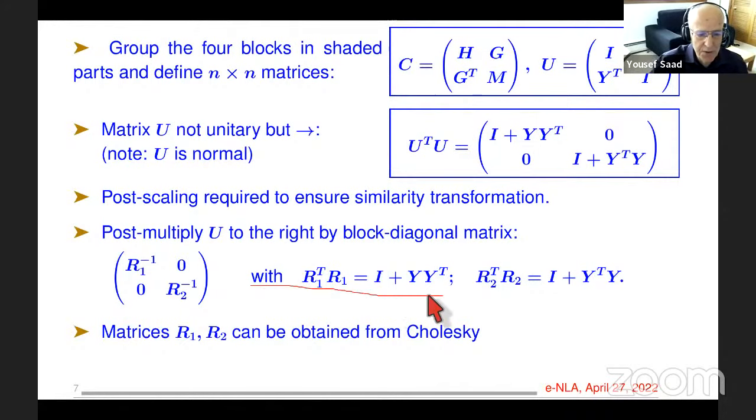For this, we just use the Cholesky factorizations of these matrices. These are positive definite matrices, no problem. That is what I would do, okay? So these are to be added in addition to applying these.